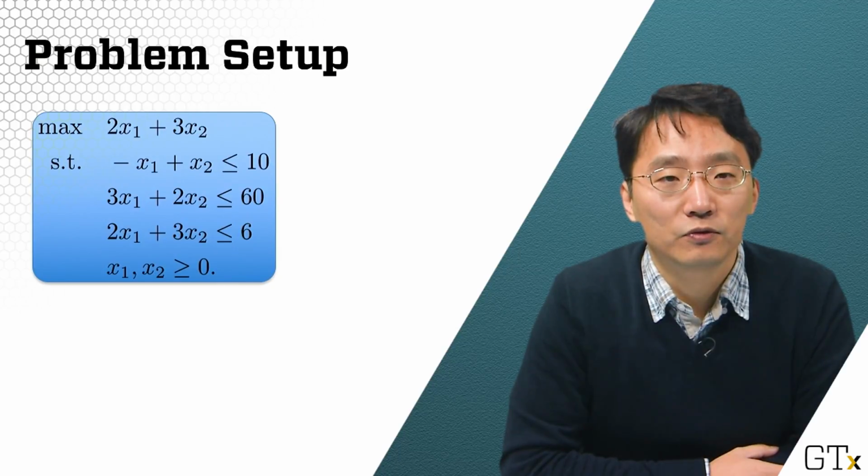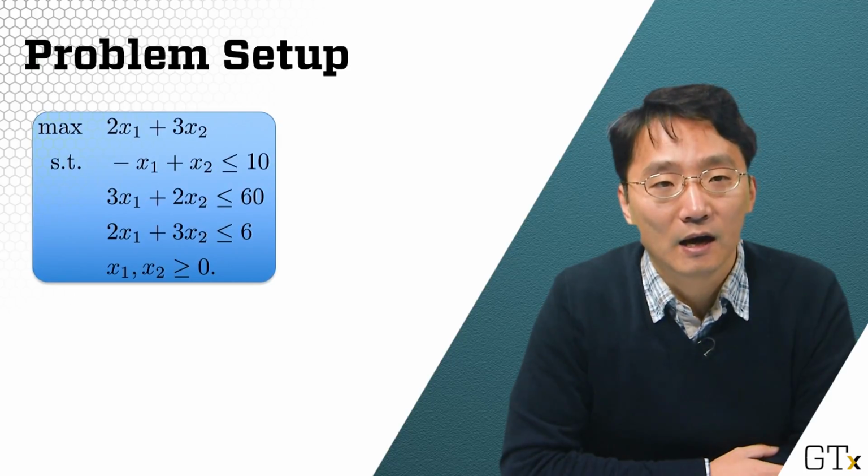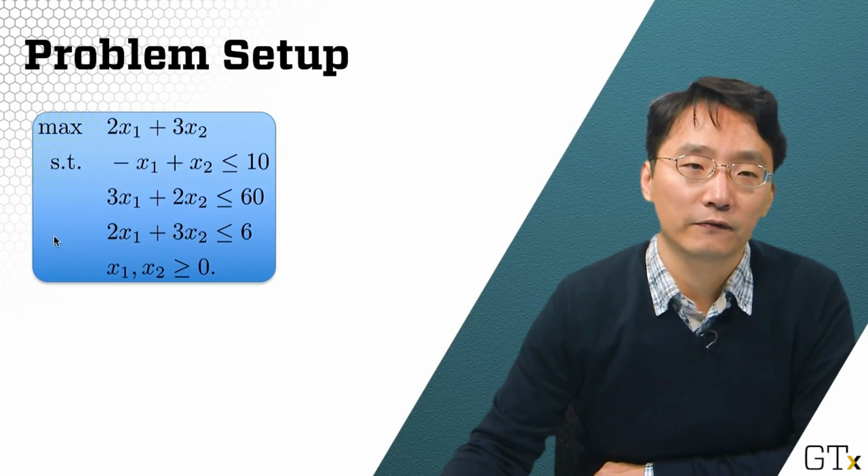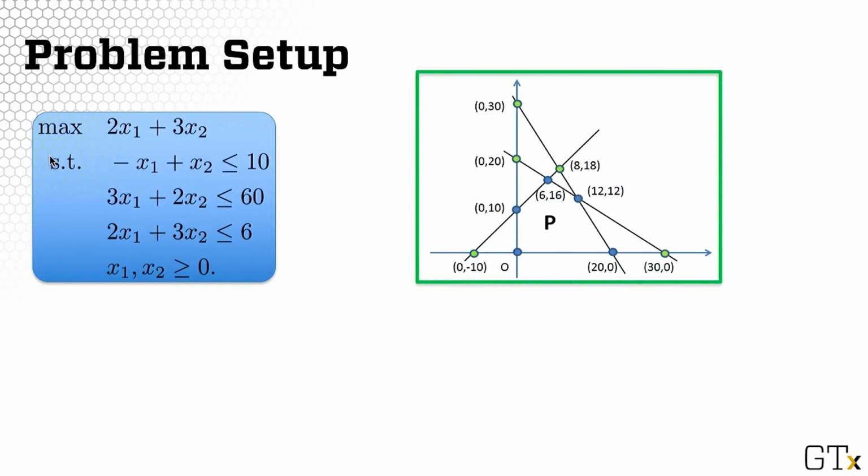And to help us visualize what simplex method does geometrically, we're going to also plot the feasible region for this original LP first. Because there are only 2 variables in this case, we can easily plot it on a plane. So here is the plot. This is the x1 variable, the y-axis is x2.